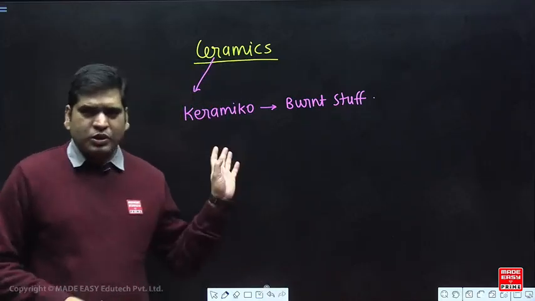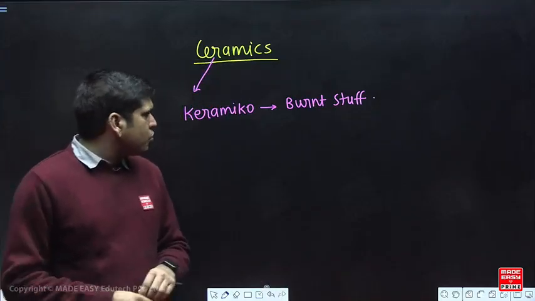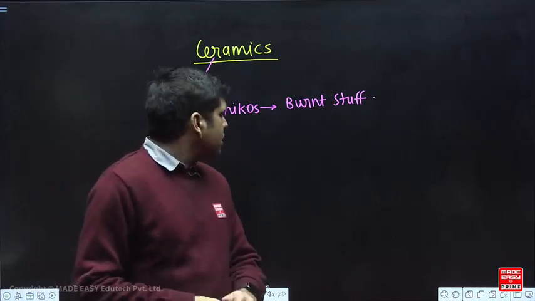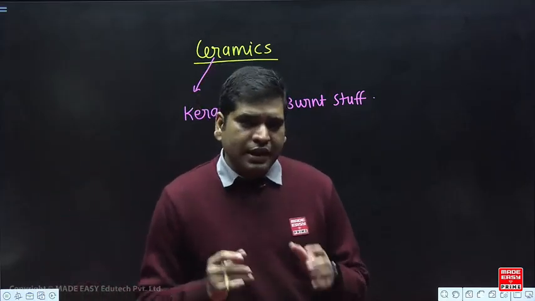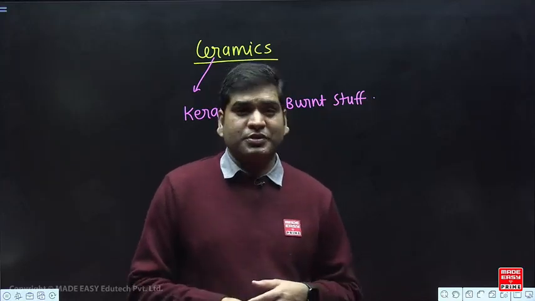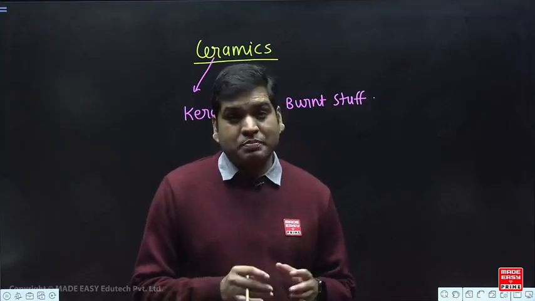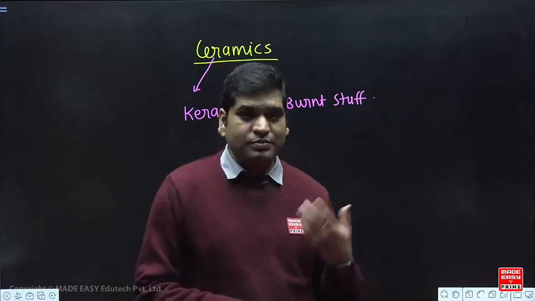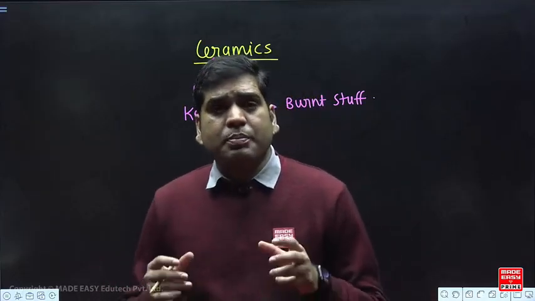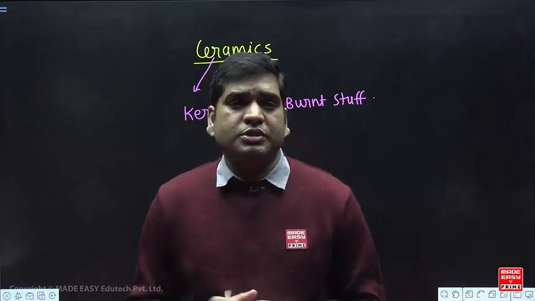So focus here. Keramikos, sorry, keramico लिख दिया मैंने, keramikos या burnt stuff. Most of these materials get their desirable properties when they are heated to very high temperature. That's why they are known as burnt material or keramikos. Leave it, not important. The important thing is that these are generally compounds between metals and non-metals.